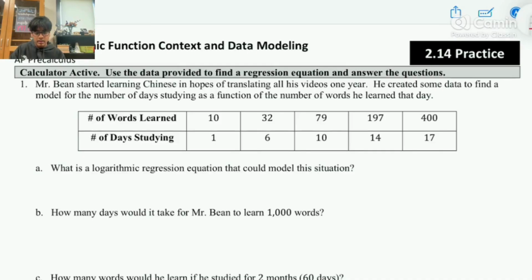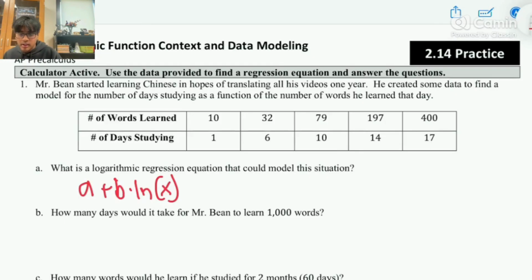So what do these numbers mean? The base form of the logarithmic regression is going to be a plus b times ln of x. That's what we need. And when we plug everything in, we get the values for the logarithmic regression.